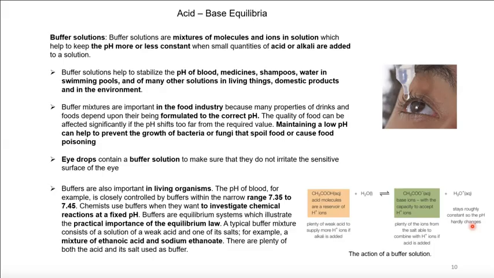We will be talking only about the first transition series as it is in the syllabus of AS and A level, the 3d orbital containing elements.